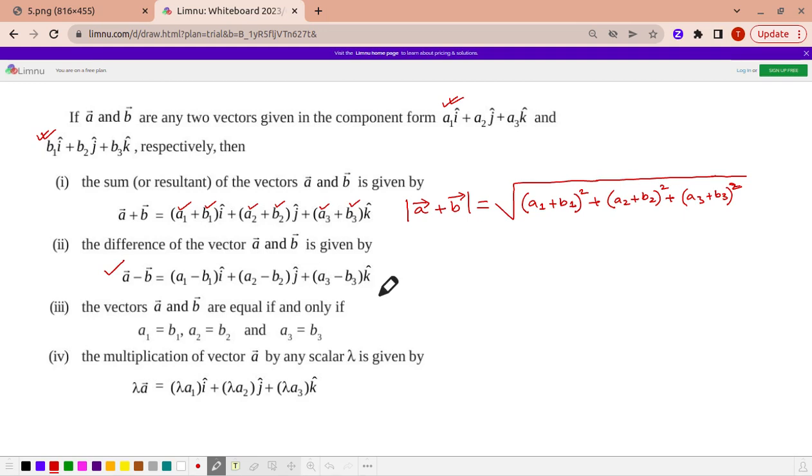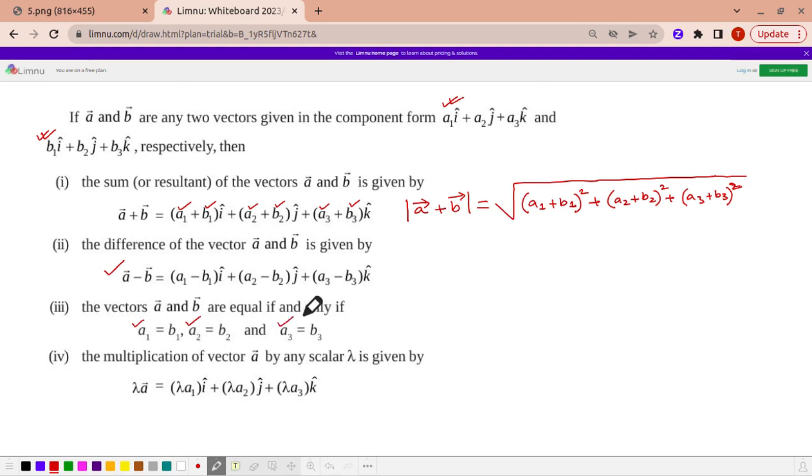Now two vectors represented in component form will be equal if their i components are equal, j components are equal and k components are equal. For example, we can say the vector a is equal to vector b if a1 equals b1, a2 equals b2 and a3 equals b3.